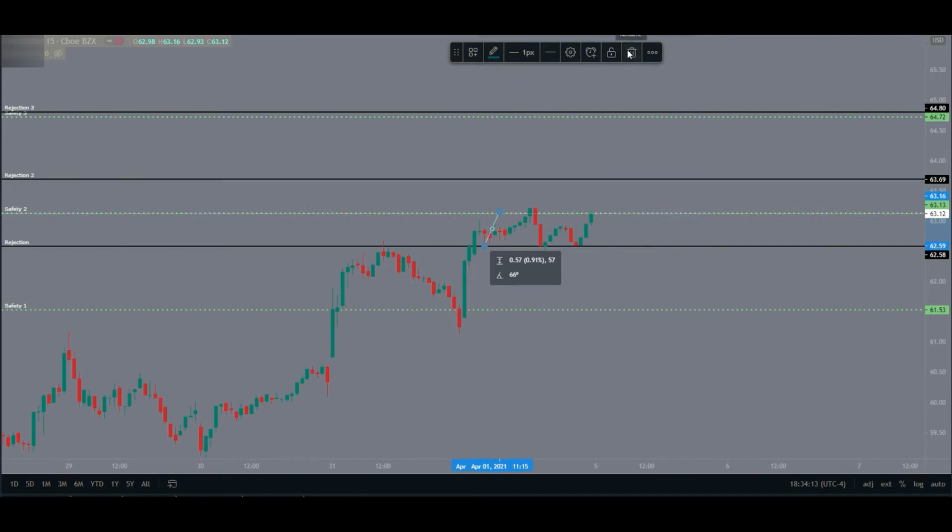All right, so when the market did that, I'm looking to buy, because to me that's a rejection. So what I'm looking for now is a pullback near that area, or I could have entered right there and put my stop here.